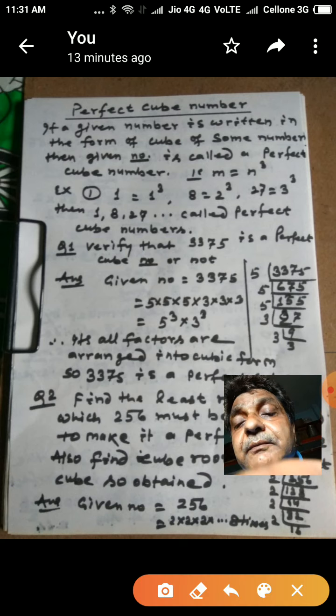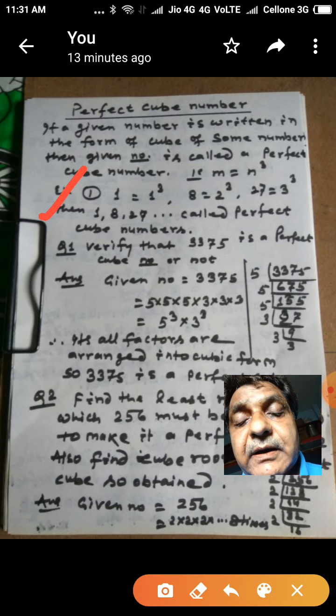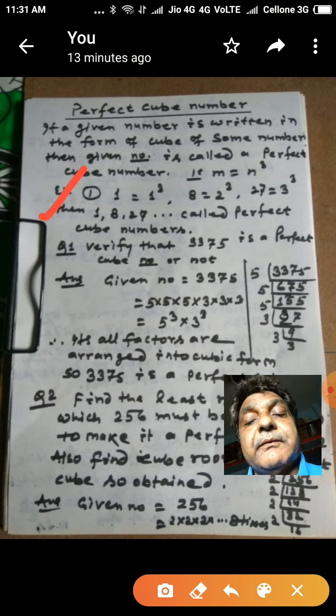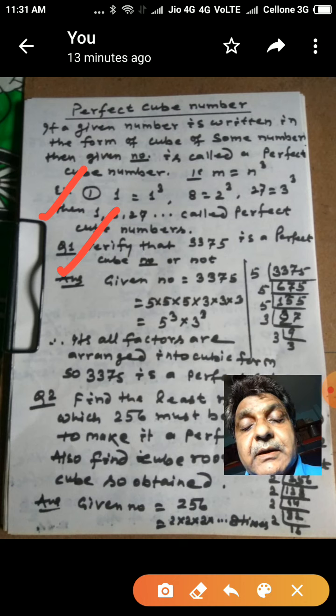For example, we have taken smaller numbers, say 1 can be written as 1 cube, 8 can be written as 2 cube, 27 can be written as 3 cube. So we say that 1, 8, 27, these are perfect cube numbers. Now we will take a larger number to verify whether it is a perfect cube or not. So here one question is, verify whether 3375 is a perfect cube number or not.